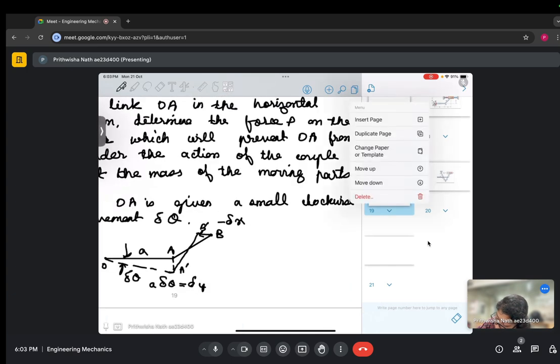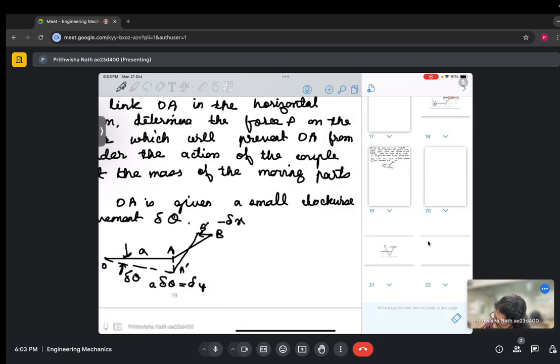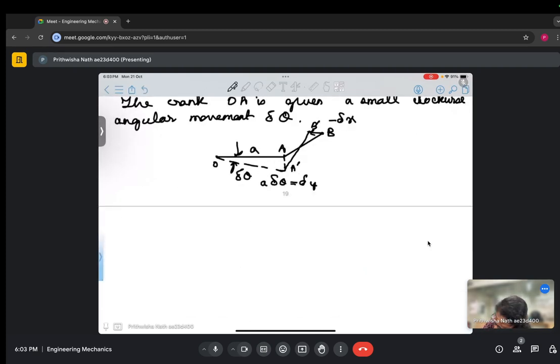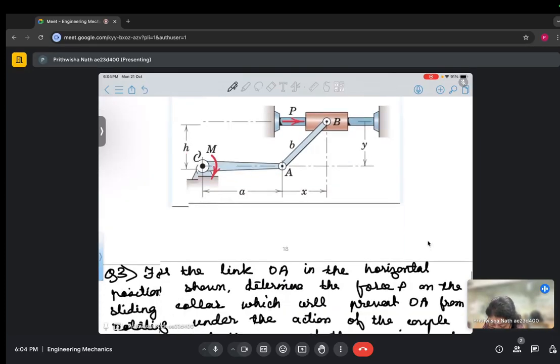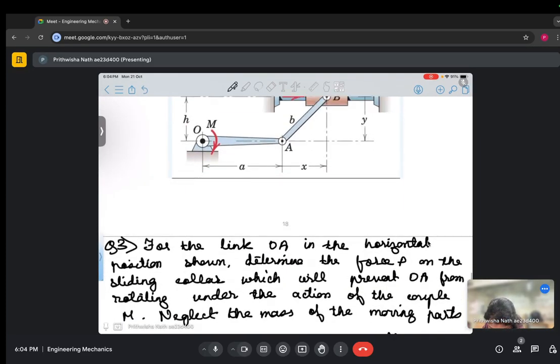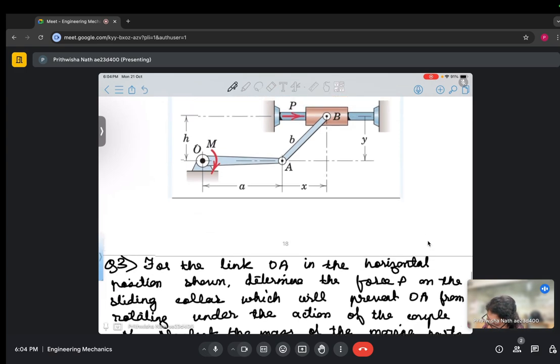So from this we can write delta y equals A delta theta. Also from this given figure, from the right angle triangle, what can we write for this link AB?